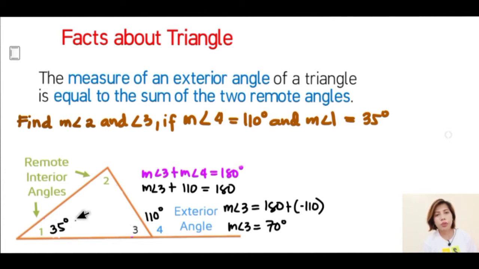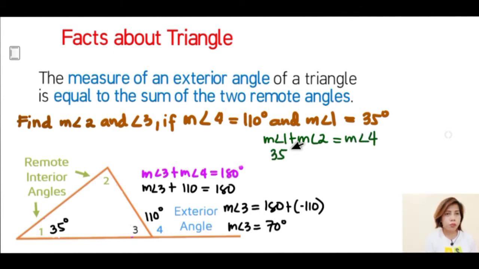Since si angle 1 and angle 2 are remote interior angles, so, pag pinag-add po natin yung measure nila, ay equal po dun sa exterior angle na angle 4 po dito. So, the measure of angle 1 is 35 degrees plus ang measure ng angle 2 ay hindi natin alam. So, isulat na natin yan. And then, measure angle 4 ay 110.